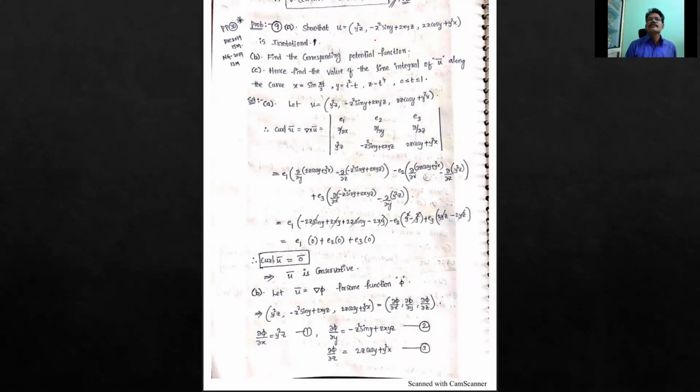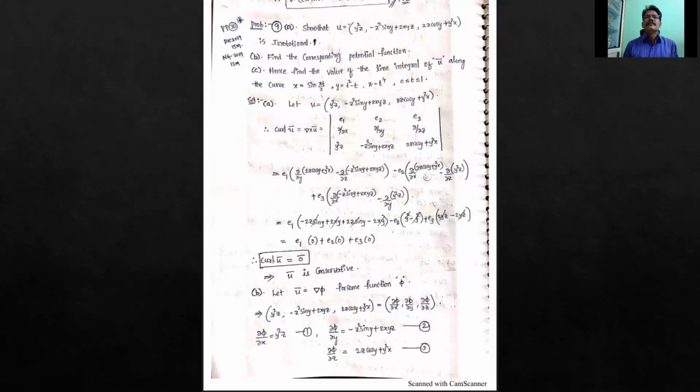If u bar equals y square z minus z square sin y plus 2x y z plus 2z cos y plus y square x, it is rotational. Find the corresponding potential function. Hence, find the value of the line integral of u bar along the curve x equals sin pi t by 2, y equals t square minus t, z equals t power 4, with t from 0 to 1.